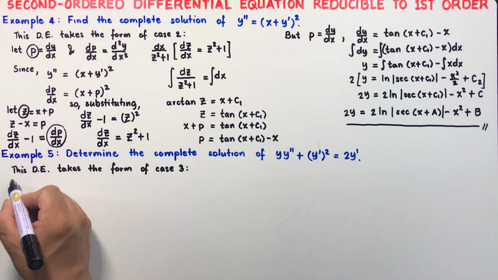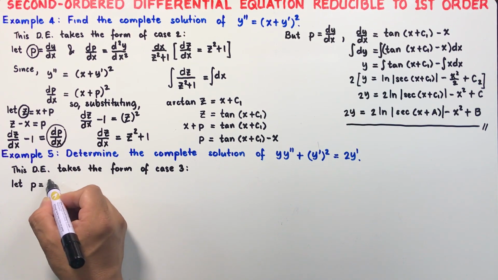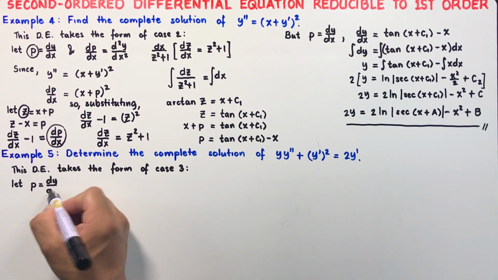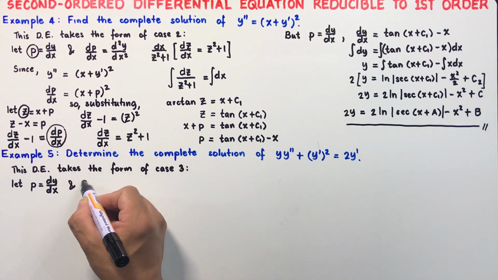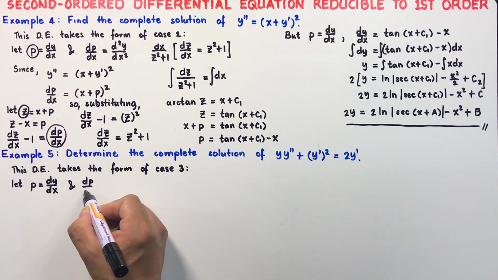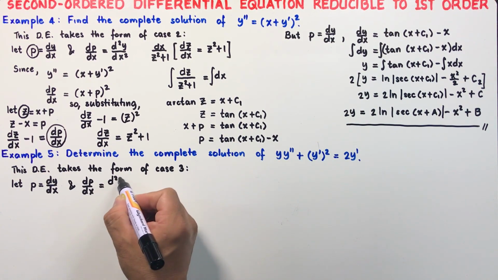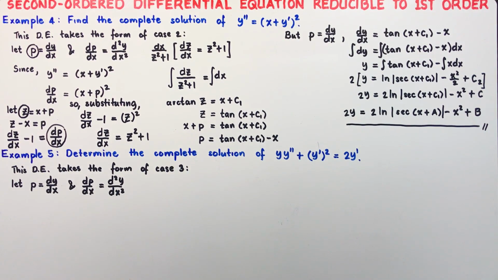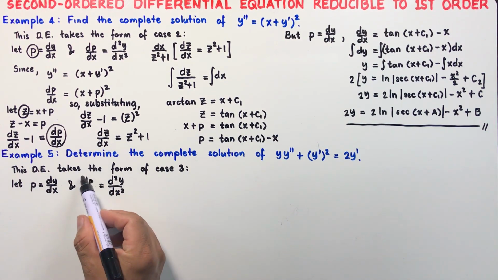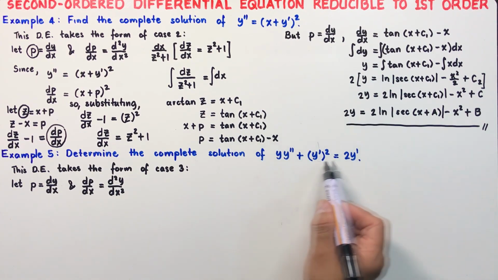If this is the case, we will use our representation of p, which is dy dx, and our derivative of p with respect to x, which is actually the second derivative of y with respect to x. But there's a problem because we cannot find the derivative of p with respect to x because we don't have the x here.